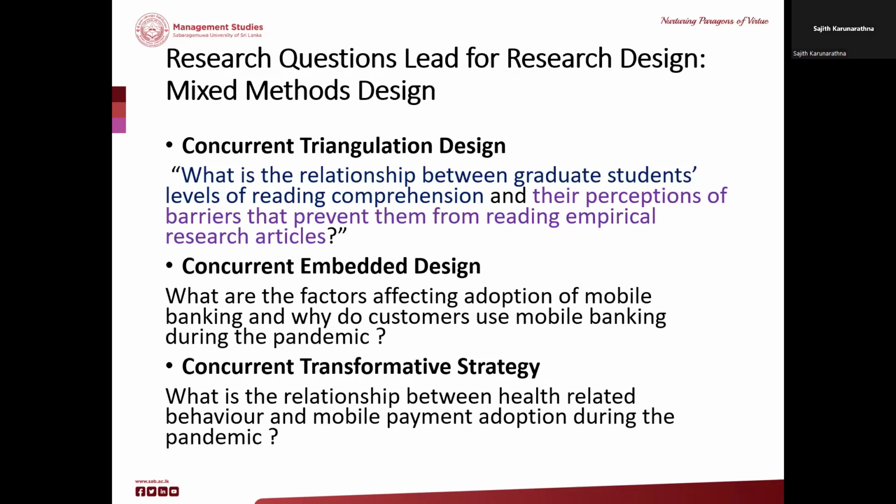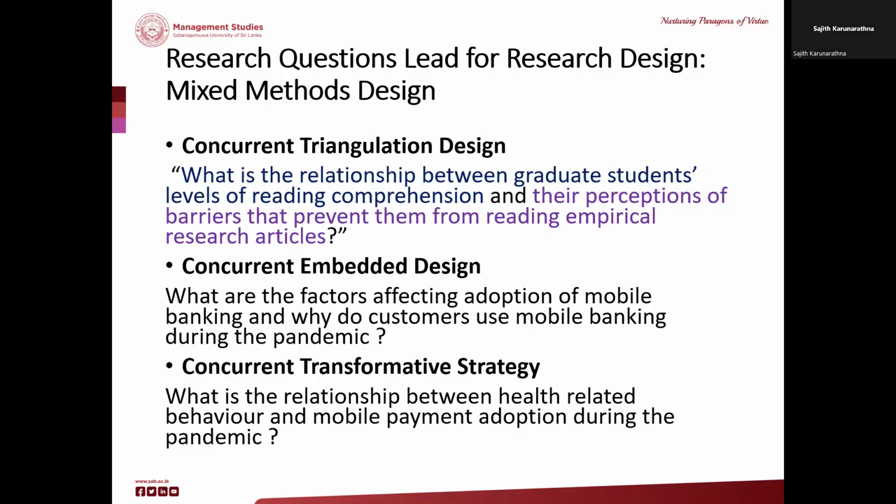You can have thousands of samples with a sample size justification as a survey. Then from that same sample you can interview 10 people in order to determine why customers use mobile banking during the pandemic, if the research is conducted during the pandemic.